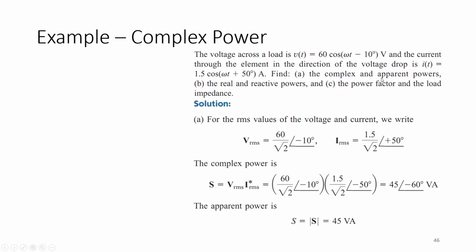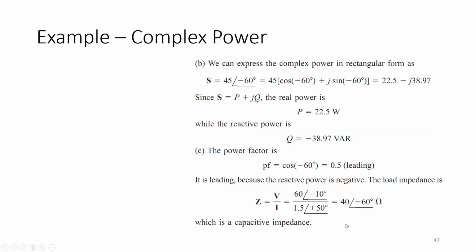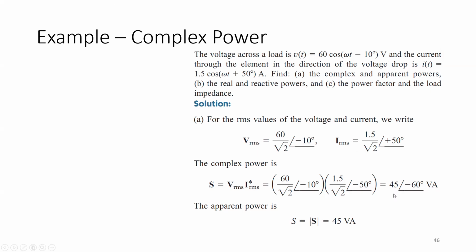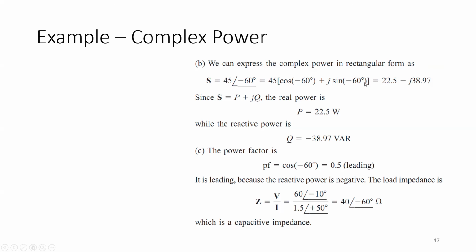In order to get the complex and apparent powers, we need to multiply both of them, and its magnitude is 45, which is the apparent power. Similarly, in order to get the real and reactive parts, we expand it with Euler's identity, or we can just write 45 cos of this theta and j 45 sine of this theta.